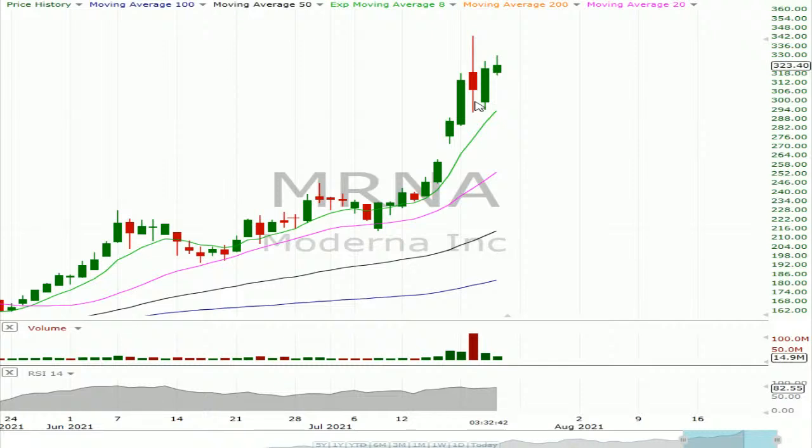What you don't want is the stock to chop and consolidate while the implied volatility on the options contracts. As the stock goes parabolic, implied volatility expands, and when it stops going parabolic, implied volatility contracts. Okay, so that's one thing to keep in mind.